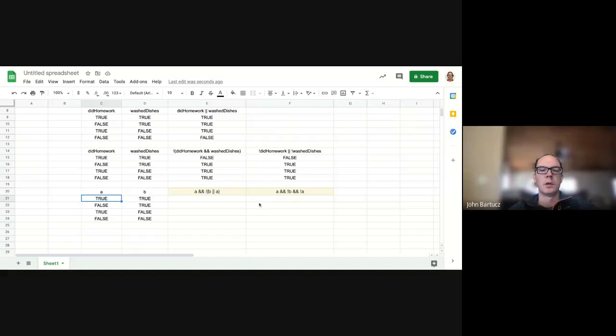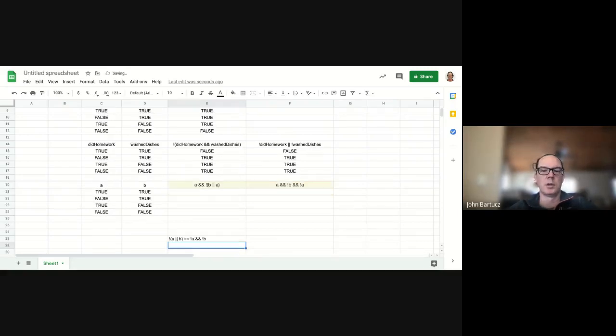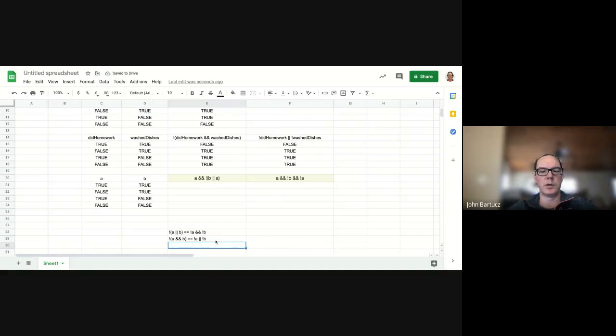So I was just saying that these are equivalent because not A or B is the same as not A and not B. Just like not A and B is the same as not A or not B. So those are De Morgan's laws, and you can check them if you want.